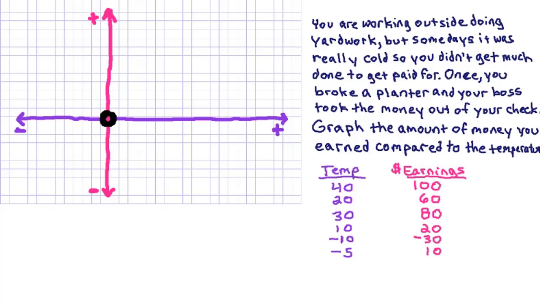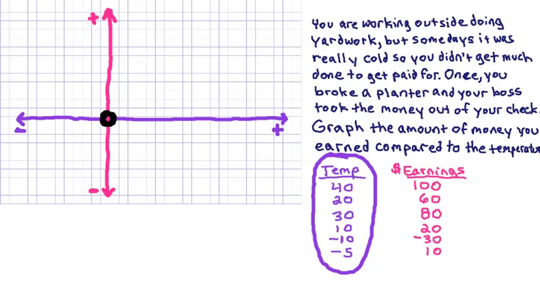Now first we need to decide which axis is which. Which axis gets the temperature and which axis gets the earnings. So we don't have any time in this one. Normally I say the x-axis gets the time, but we don't have time in this problem. We have temperature and we have money.